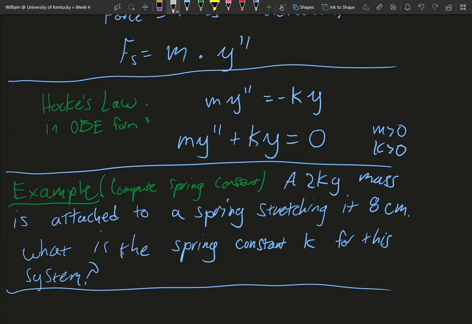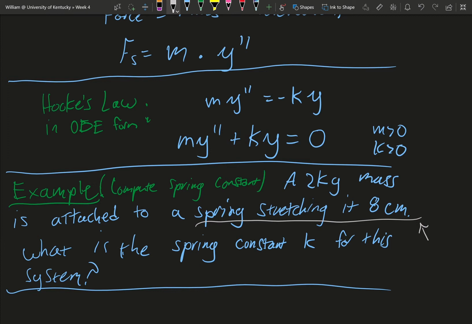All right, so a couple things to point out. It's a little bit vague exactly what this means, but I'm just going to tell you this is a convention in these sorts of problems. When we say it stretches it 8 centimeters, we're going to assume that the new equilibrium position is where that's being measured to.